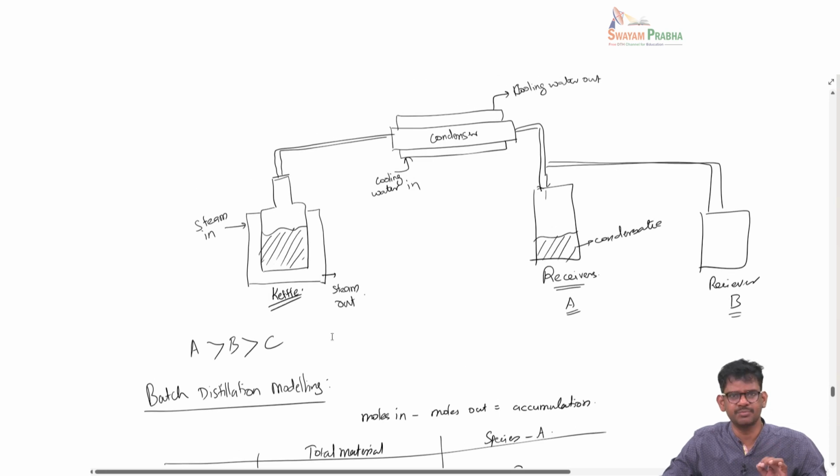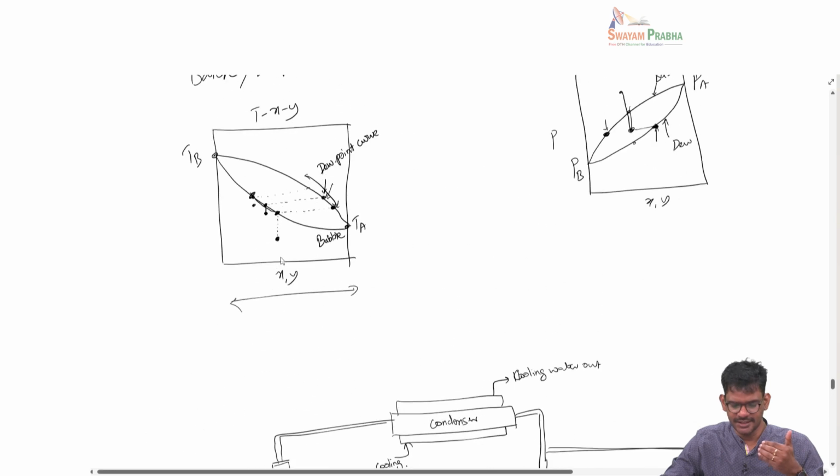And we looked at this apparatus. The apparatus is very simple. You start with a reboiler or a vessel where the liquid is charged, and you have a heating mechanism. You supply heat constantly. If you look at this curve, you start here and then move up here. That means the temperature of the kettle will keep on increasing as you continue, because you are going to lower and lower composition of x, meaning you are reaching close to T_B.